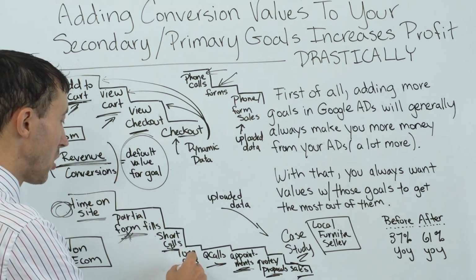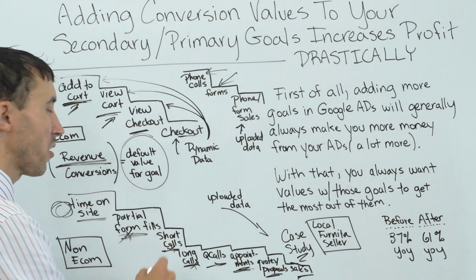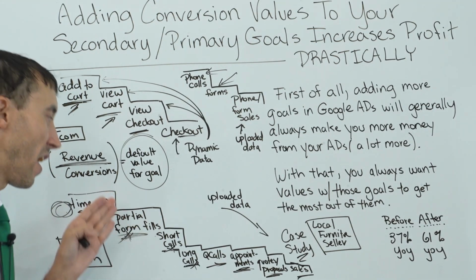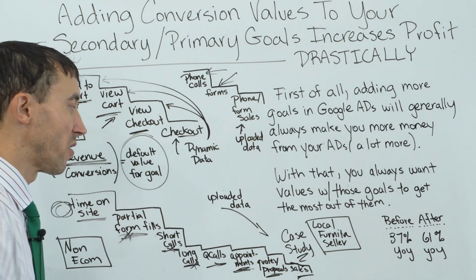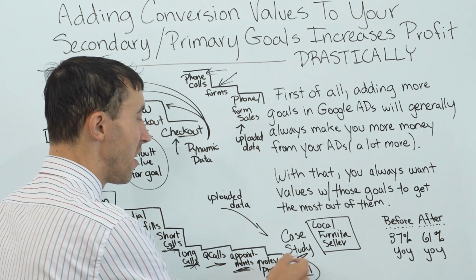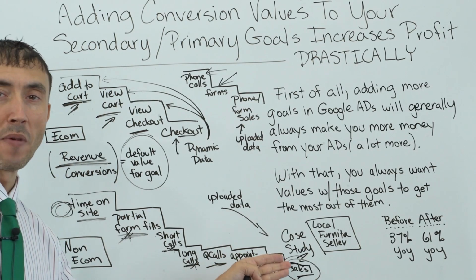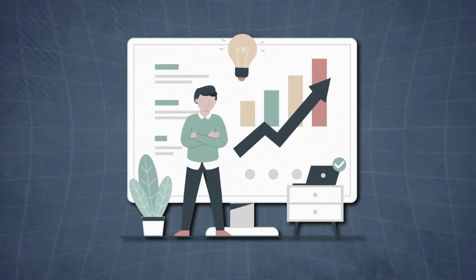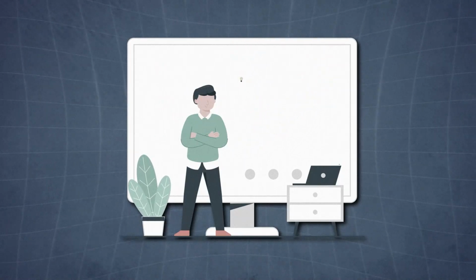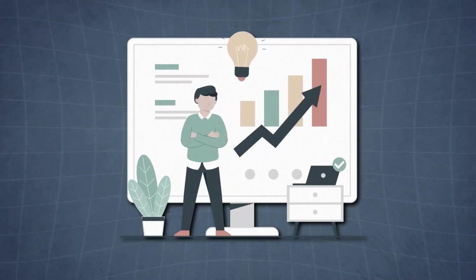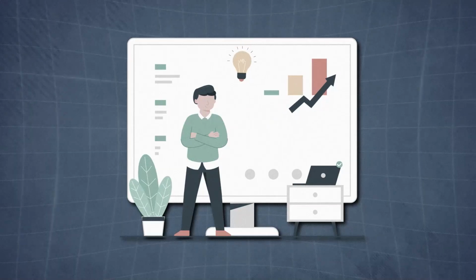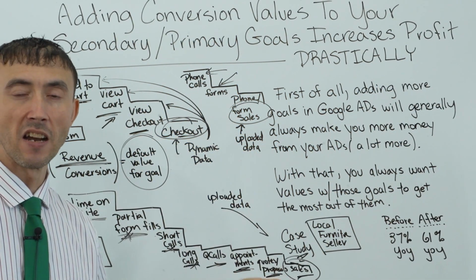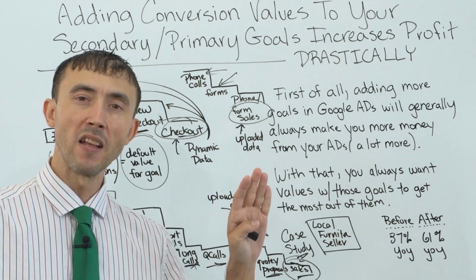So when you get 30 long calls, you're going to put the short calls goal in secondary, and so on and so forth, as you work down the list until one day, the only goal you have marked primary is the sales goal. Same thing, by the way, with the e-commerce guys: the checkout goal and the offline sales goal itself will be the only goals you have marked primary. All the other goals you're going to upkeep and maintain. They're just going to be marked secondary, so Google will know not to pay attention to that.